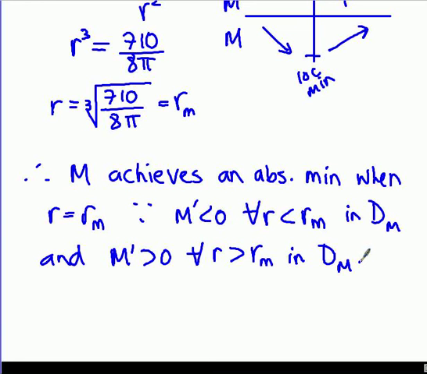So I ended up with an answer of r equals the cube root of 710 over 8 pi. The question asked me for the dimensions, and so I need to get the height as well. I can go to the next page for that. I already know that r equals the cube root of 710 over 8 pi.